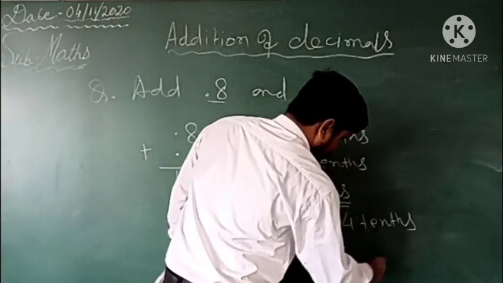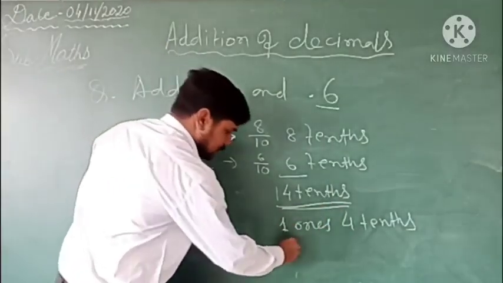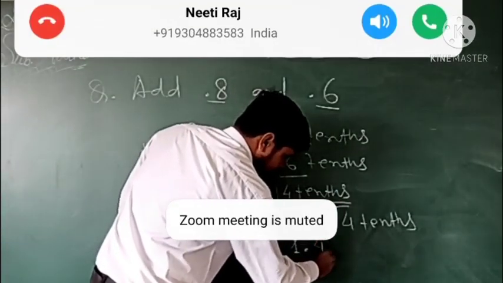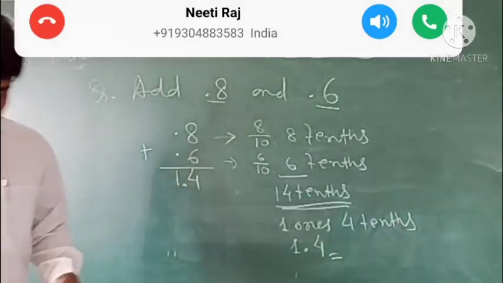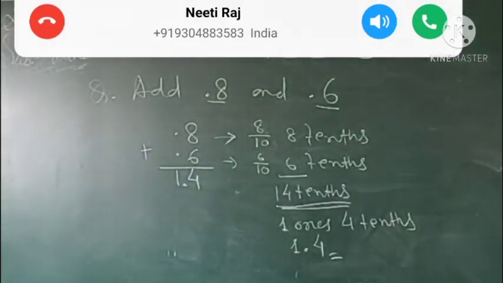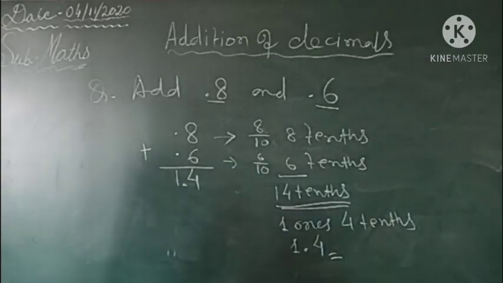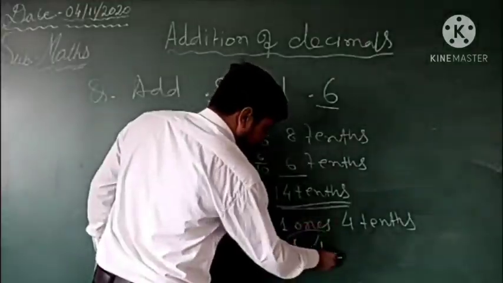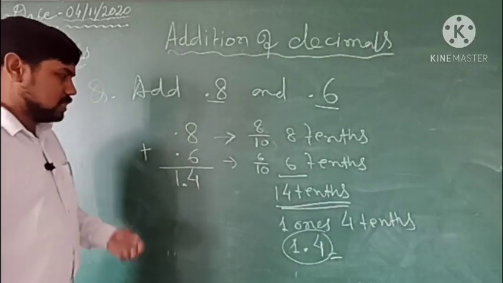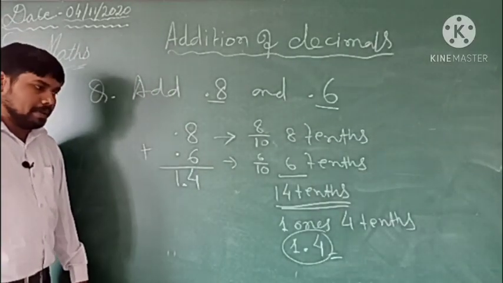So 1 one and 4 tenths means 1 decimal 4. So this is what actually you have to do. So very simply, this is how you can find the sum of 2 decimal numbers, right?